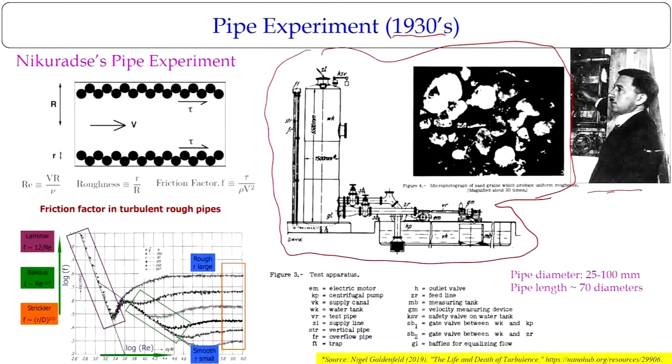If you look at any pipe flow, we can have a laminar flow, a turbulent flow, or a transitional flow in between the laminar and the turbulent flow.